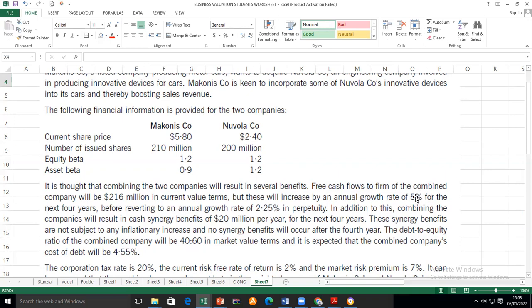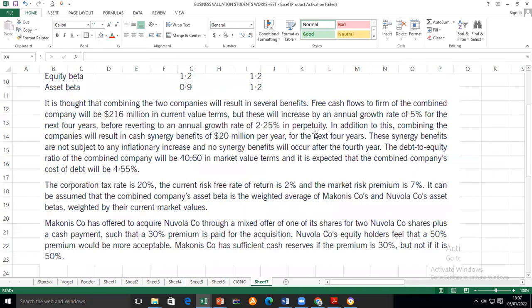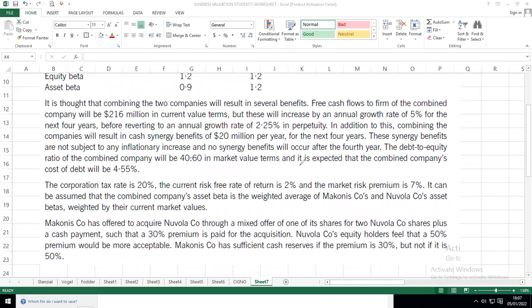If these figures are not correct, then our computation is subject to the accuracy of these assumptions. And we're also assuming that M&M theory of ungearing and degearing can be used to ascertain the beta. So you see, marks will be given to you for commenting on those assumptions.